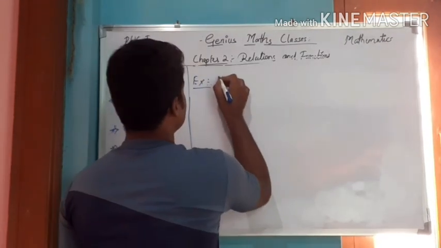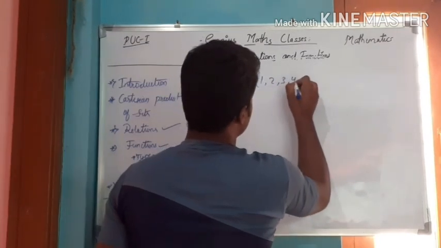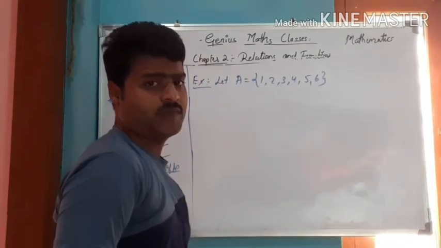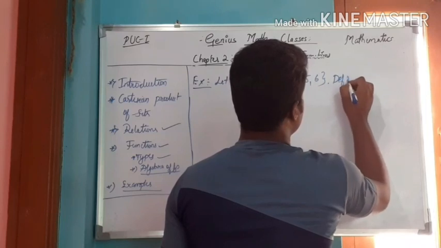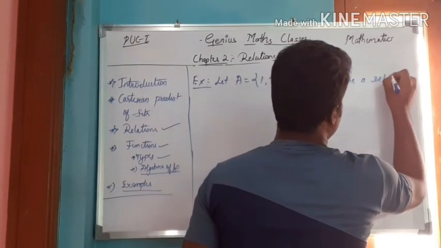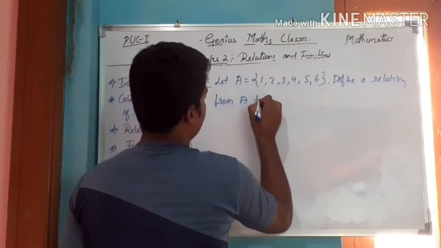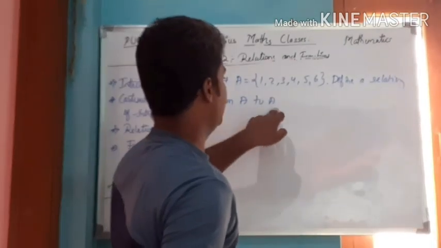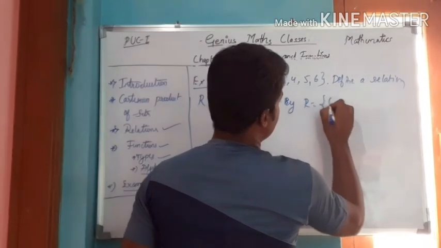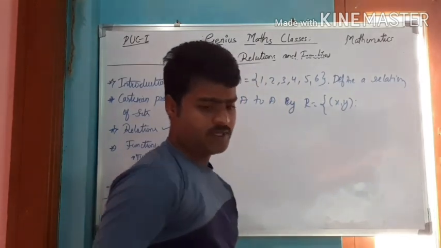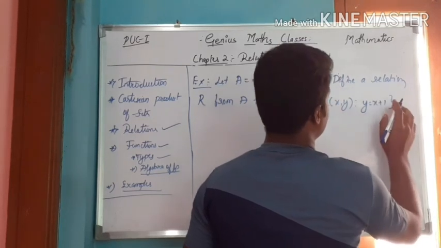Let A equal {1, 2, 3, 4, 5, 6}. Define a relation R from A to A by R equal to {(x, y) such that y equal to x plus 1}.